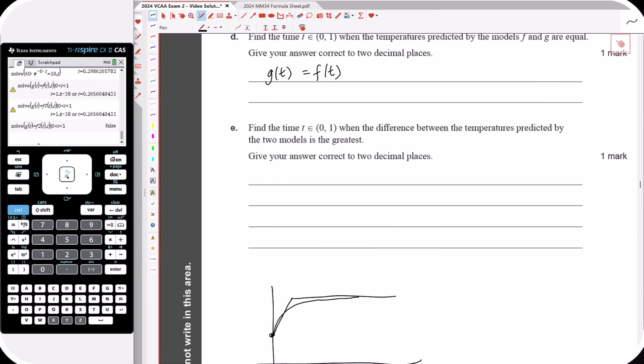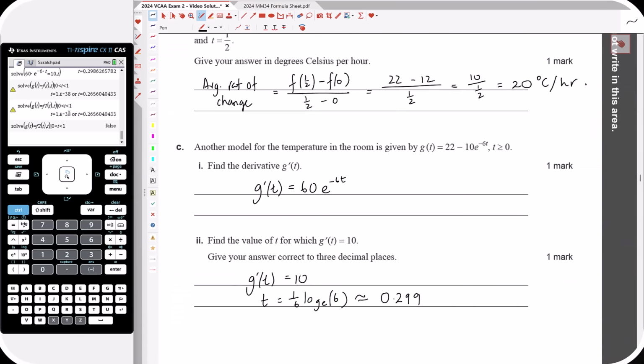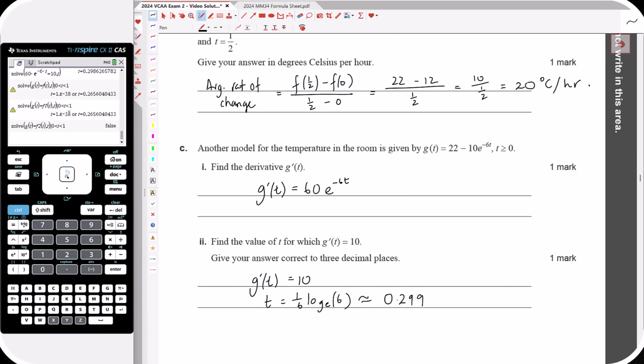So I don't think this very small number that we're getting here is right, I think that actually should be 0. They should definitely intersect at 0. The y-intercept of both functions is 12. If you think about this, G of 0 is 12 and F of 0 is also 12.